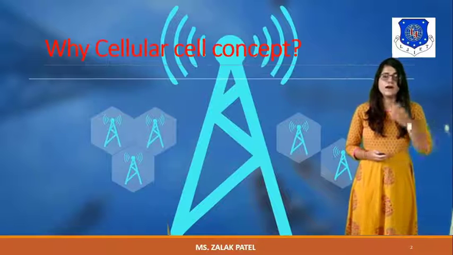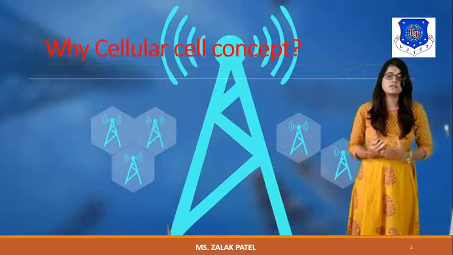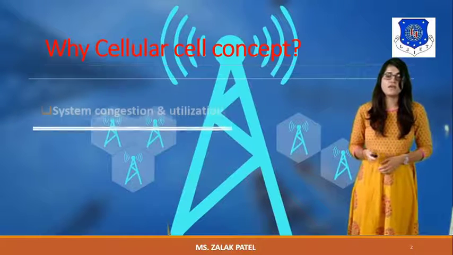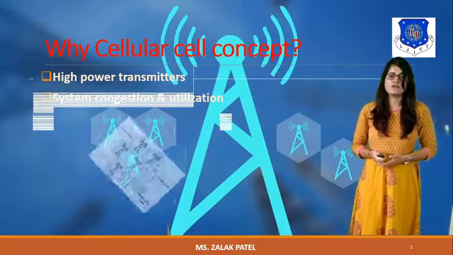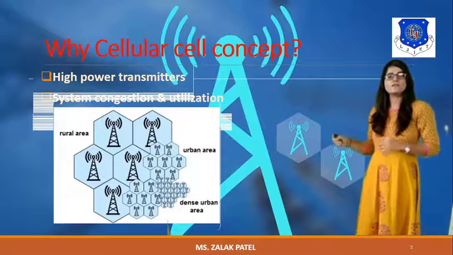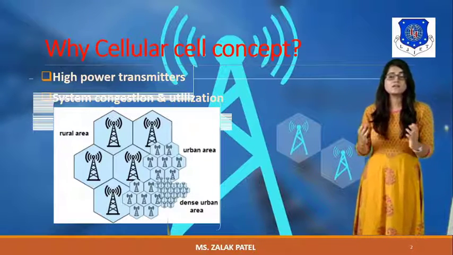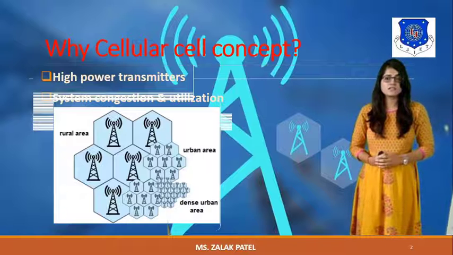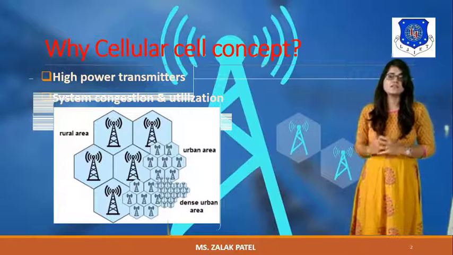First of all, why is the cellular concept necessary, or why was it introduced? As you can see in this figure, when high power transmitters were used in the olden days, they could create system congestion, or we can say the channel utilization was not proper.